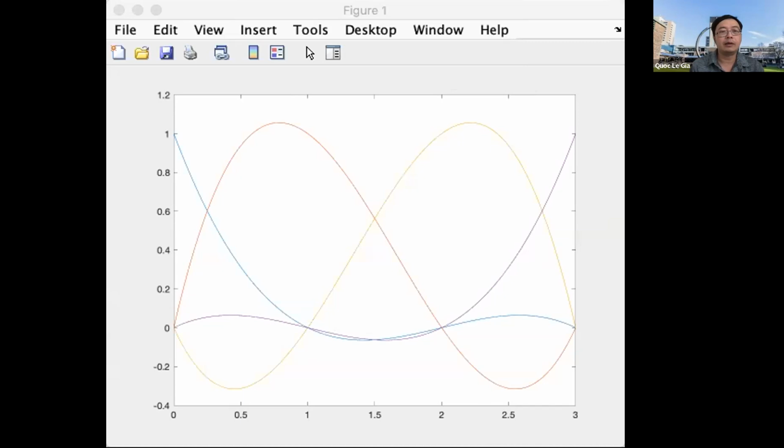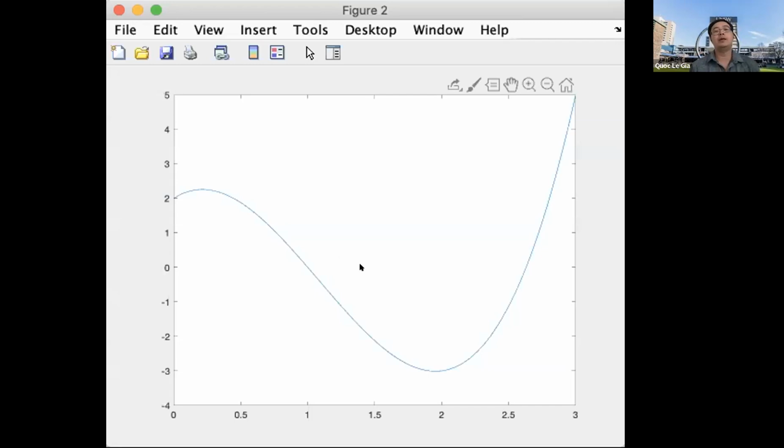And then after that you have another one, which is the polynomial P. Okay, so that is how you use the Lagrange function. So you can run it. Okay, so now we go back to the slide.